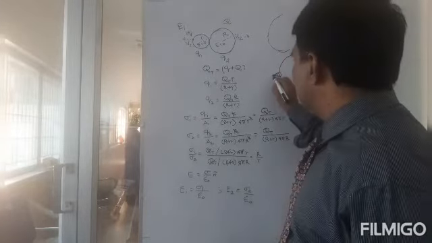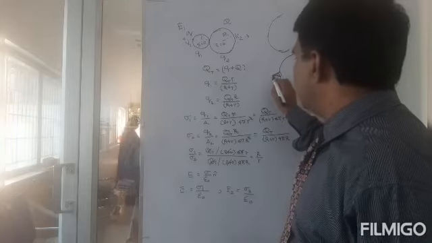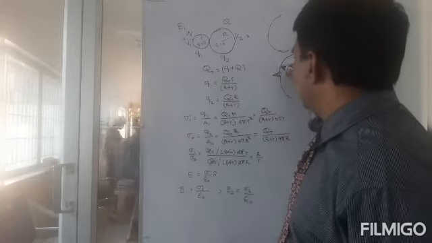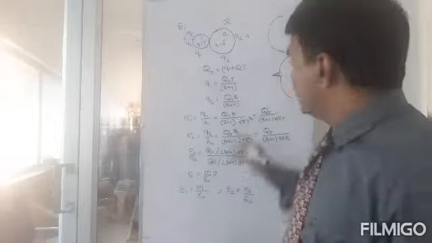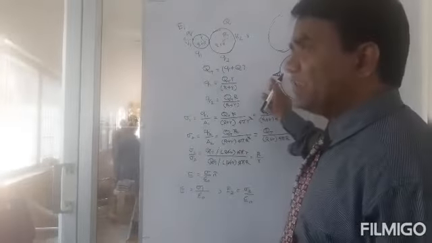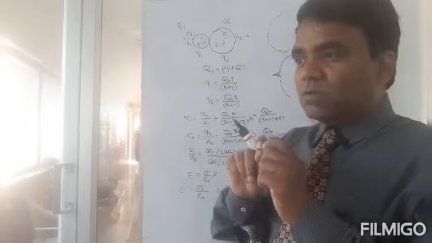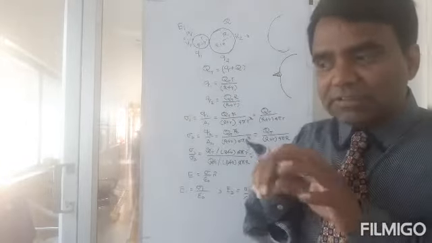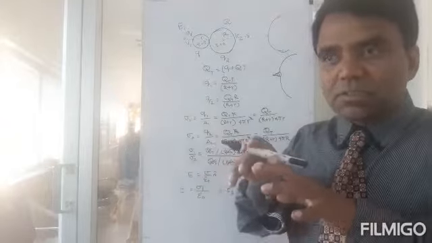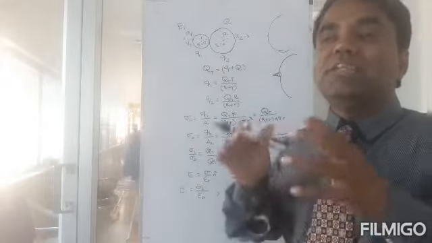Notice that the field strength here is going to be much larger than the field anywhere else. This field strength can be really strong. So on the sharp edges, the field strength is very high.